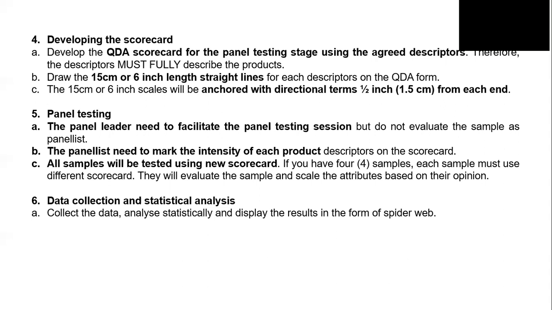If the samples are more than 2, they can run ANOVA. From there, they can see whether there is a significant difference or not between the samples being presented to the panelists. And at the end, usually they come up with a spider web, because the spider web can show the overall characteristic of a sample.